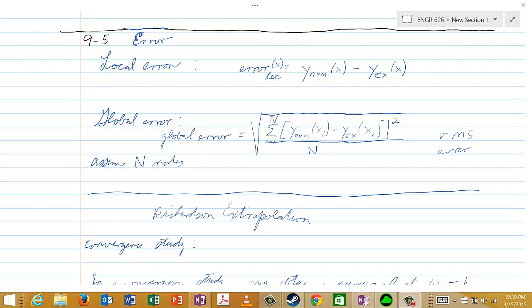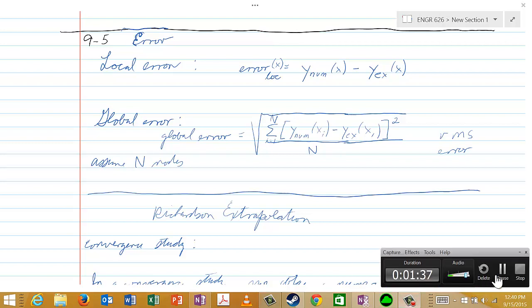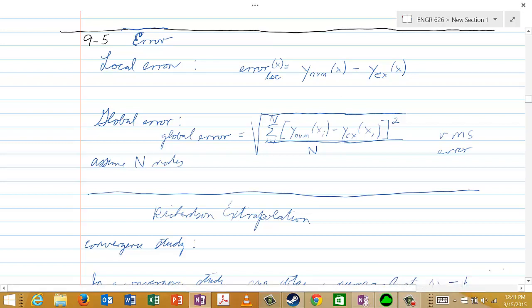In other words, as you can see here in this top equation, we've been looking at the difference between the numerical solution and the analytical solution, and we have defined that difference to be the error. So again, that gives us the idea of what we call local error. In other words, that's the error at a single point.